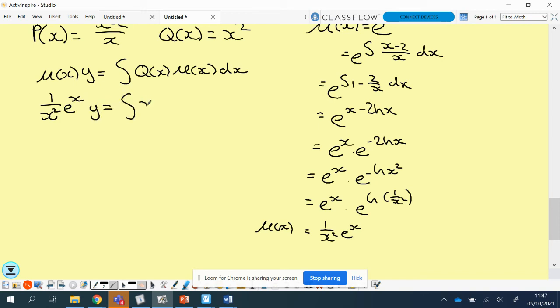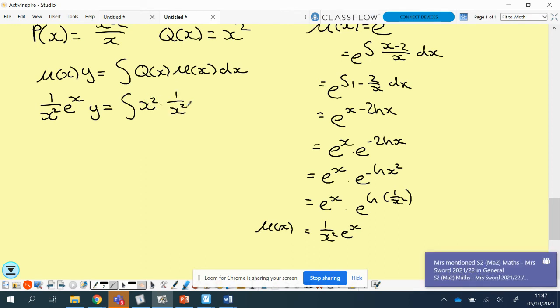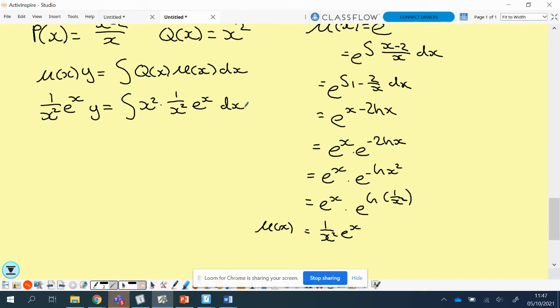Q of x was x squared, so it's going to be x squared multiplied by 1 over x squared e to the x dx. And you can see something quite nice happens on that right hand side. We end up cancelling the x squared and the 1 over x squared, so all I'm left with on that right hand side is the integral of e to the x dx, like that there.